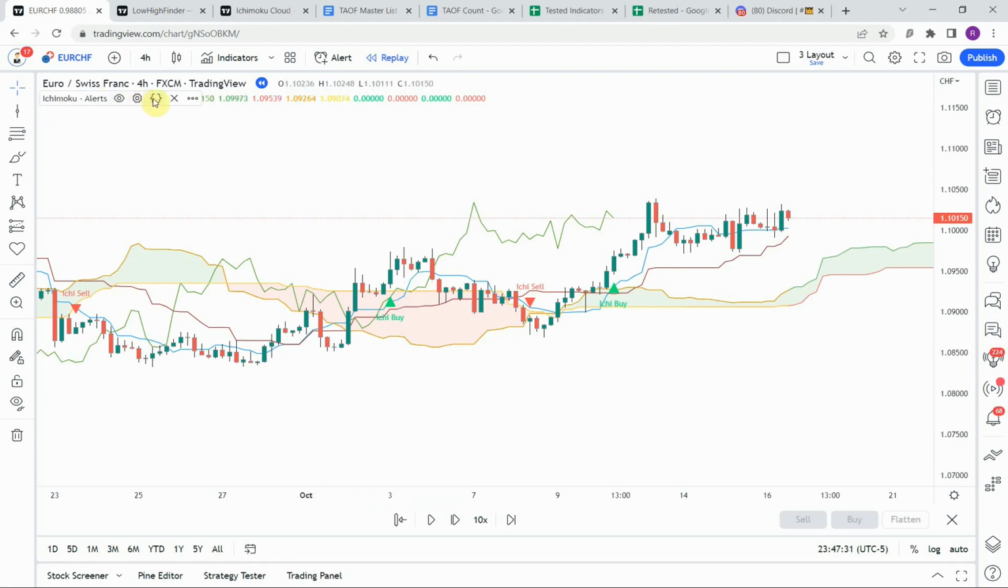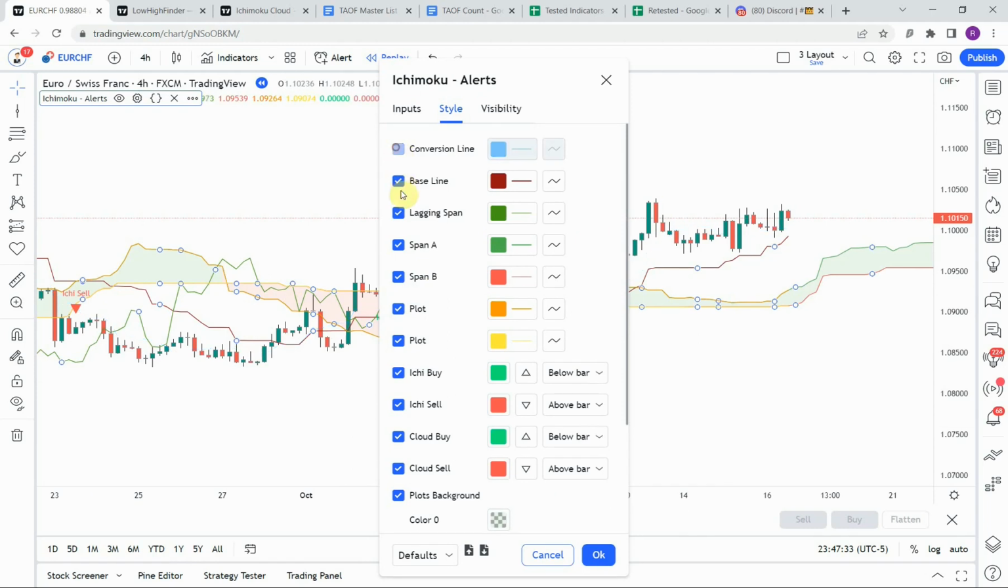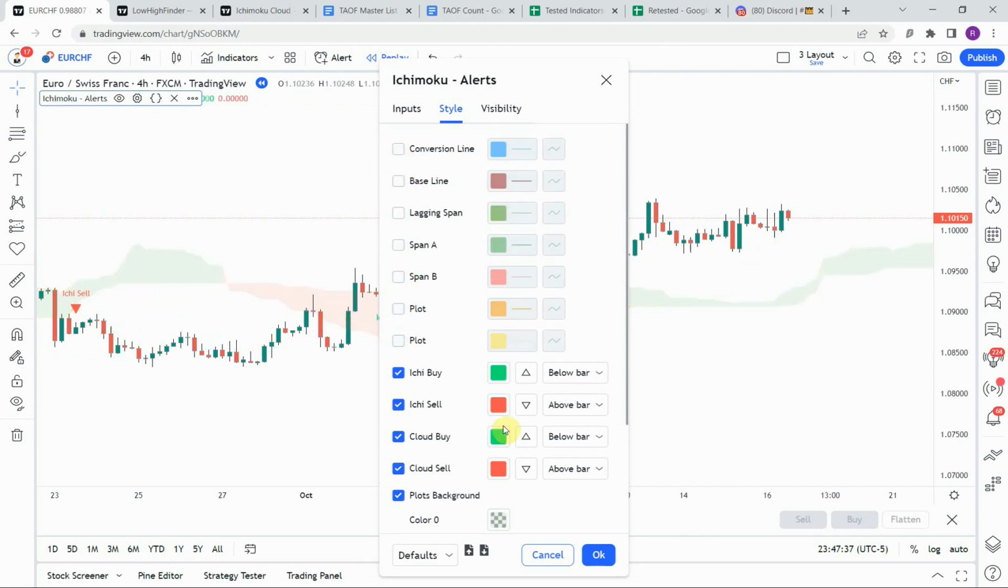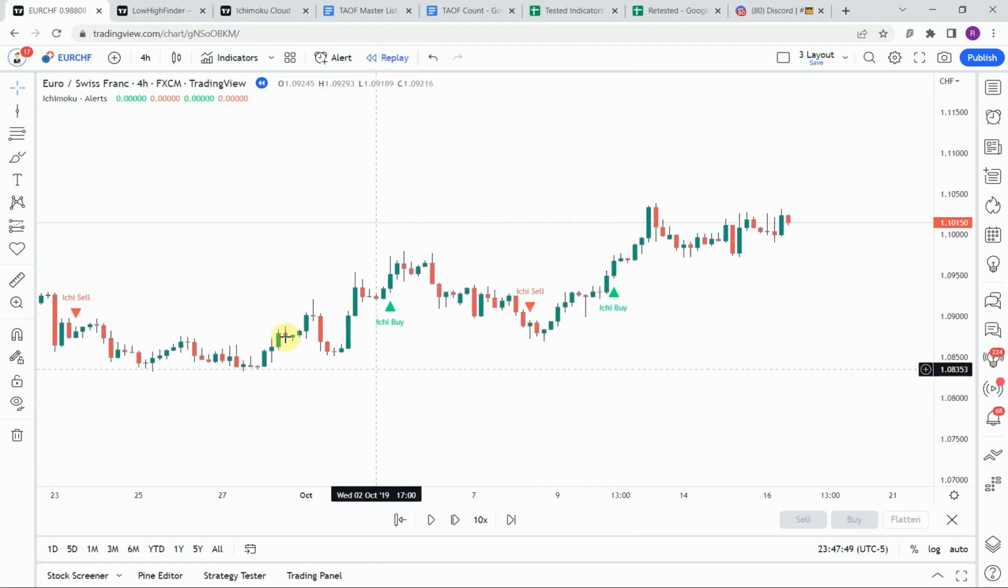I did go in, just for the sake of simplicity, and turned off everything but the Ichi buy and sell and the cloud buy and sell signals like this right here.